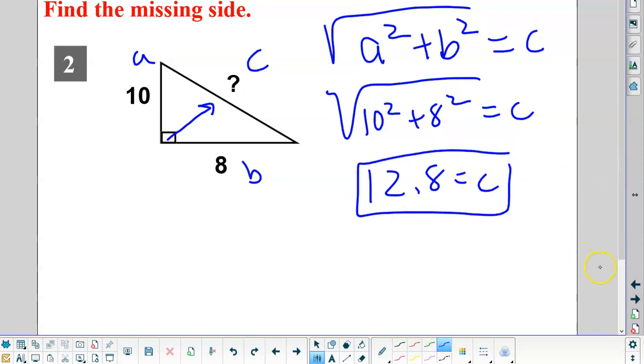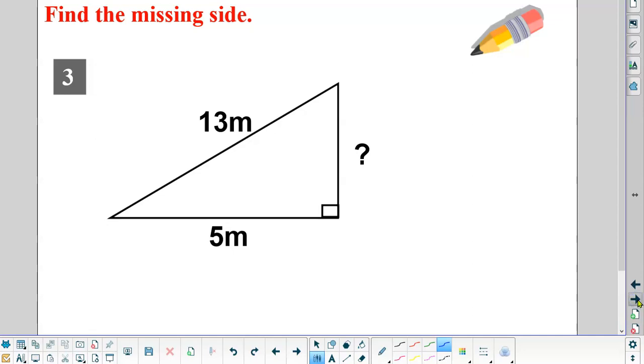All right, one more. Which formula do you think you should use? Label your sides. And if you're missing a leg, you subtract.